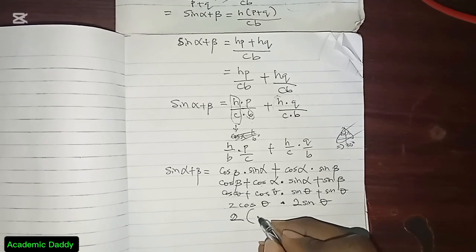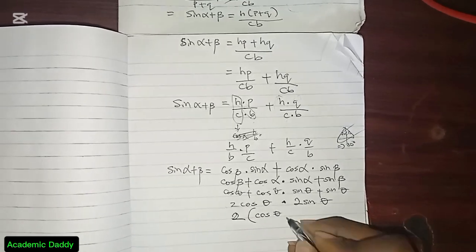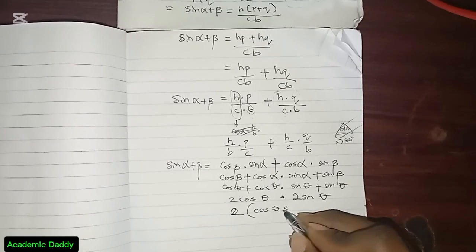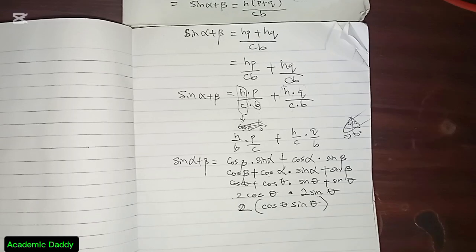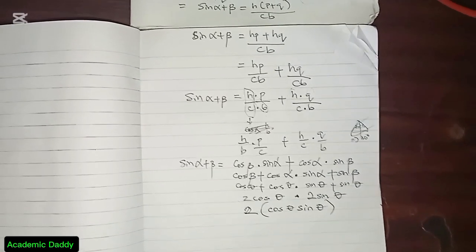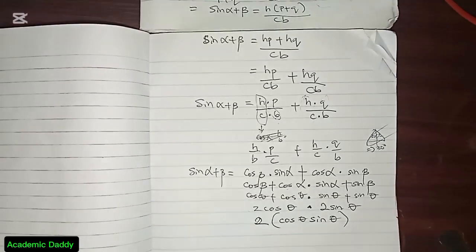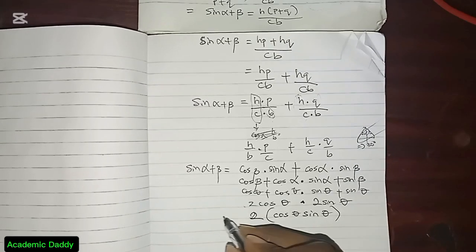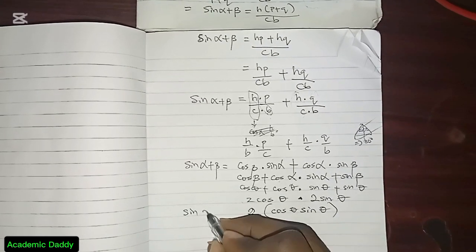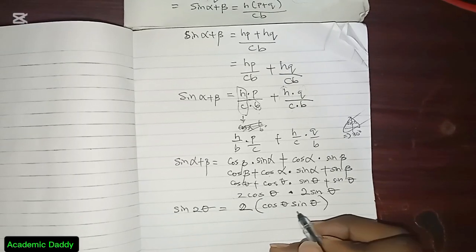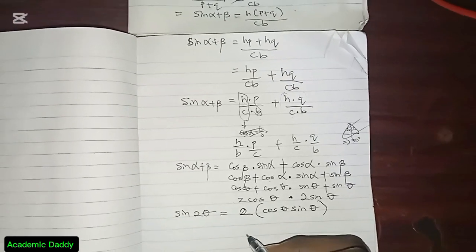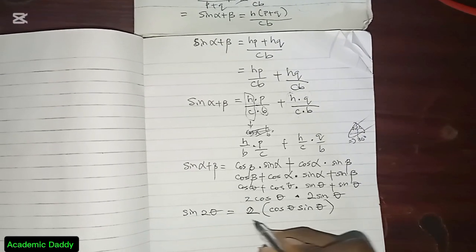Bring the 2 out, you see that this is cos theta sin theta. So this is why we say that sin 2 theta is equals to 2 cos theta sin theta. So hence we've been able to derive it.